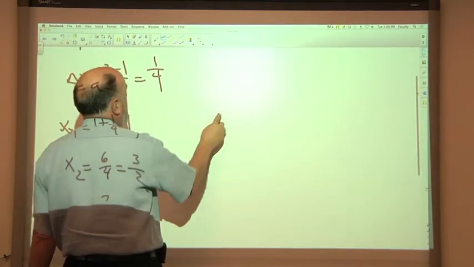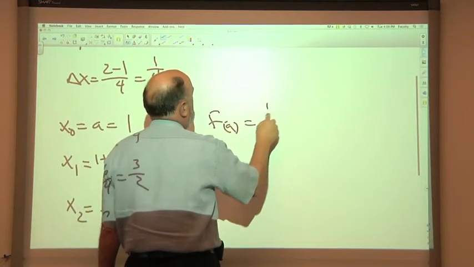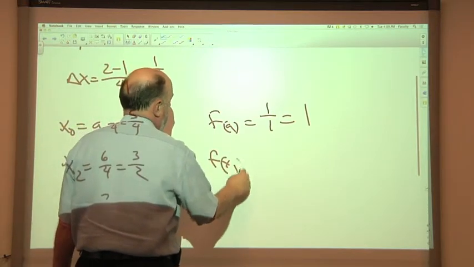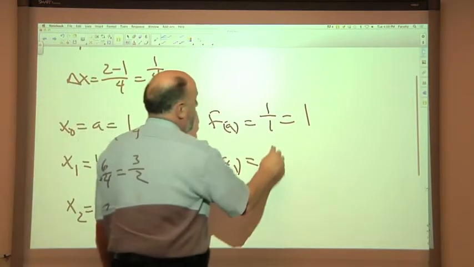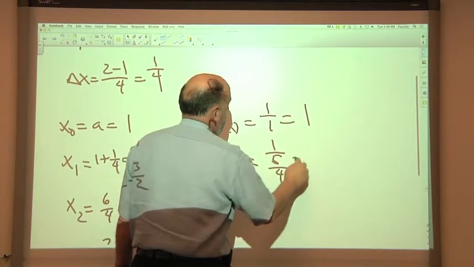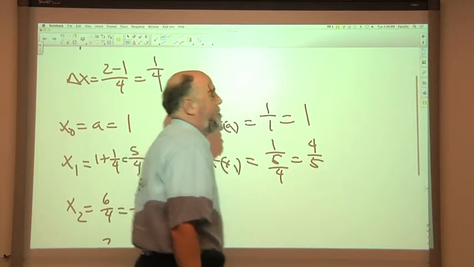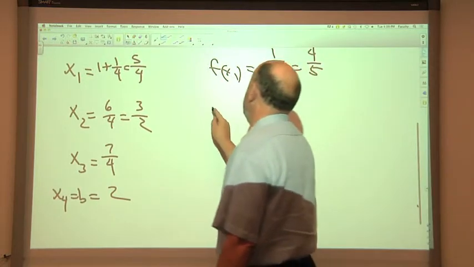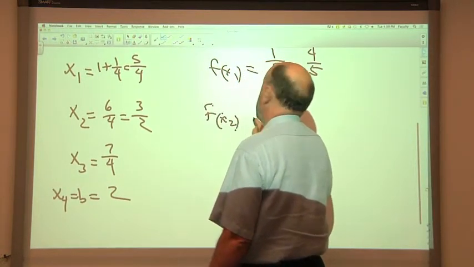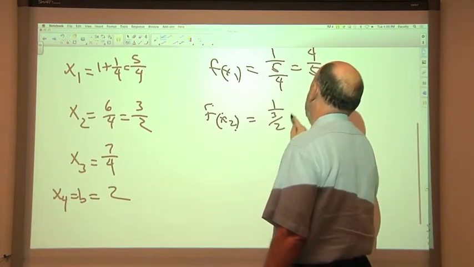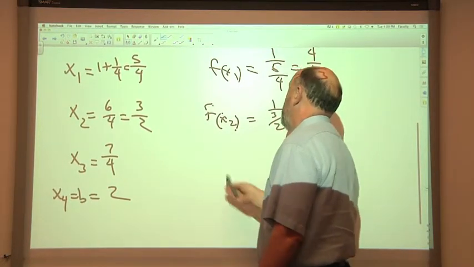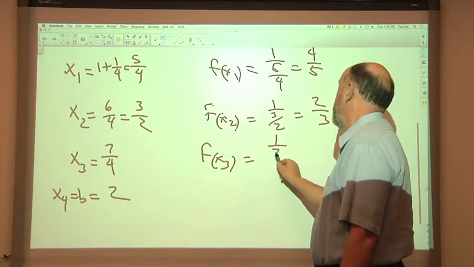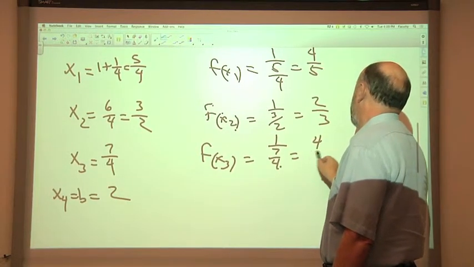So f of a is going to be 1 over 1, which is 1. f of x1 is going to be 1 over 5/4, which will be 4/5. f of x2 is going to be 1 over 3/2, which will be 2/3. f of x3 is going to be 1 over 7/4, which will be 4/7.